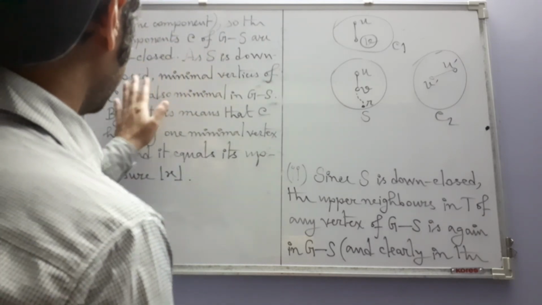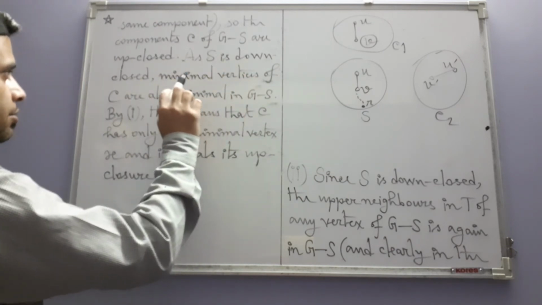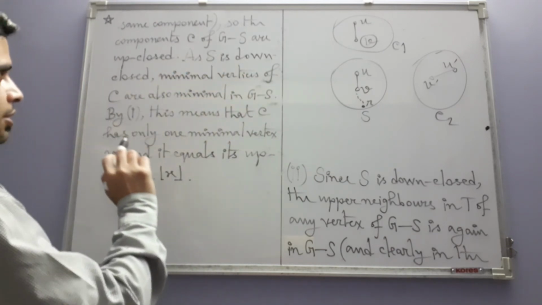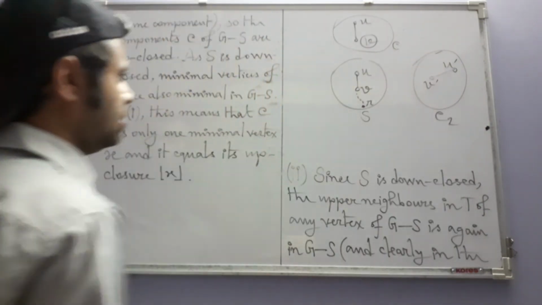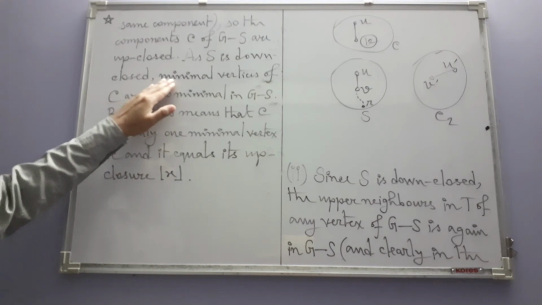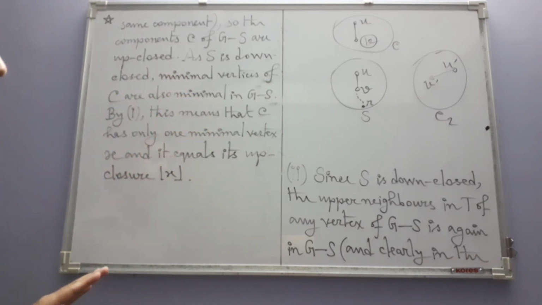So that's how we are getting this. We don't need this extra component, so let us call this C. As S is down closed, minimal vertices of C are also minimal in G minus S.